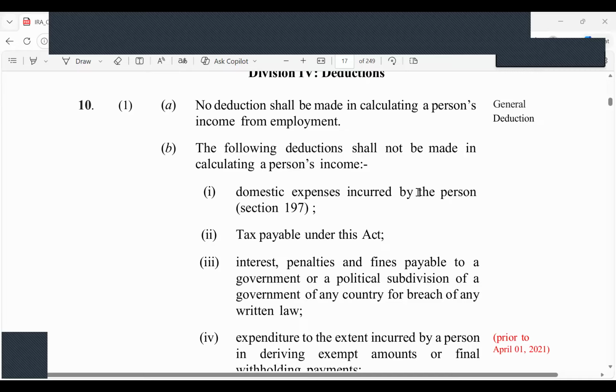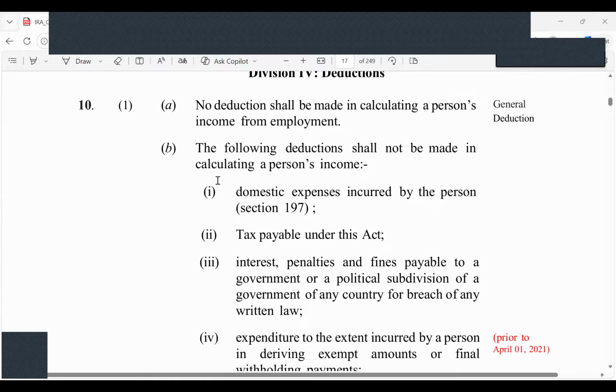So these expenses are not allowable for a person.